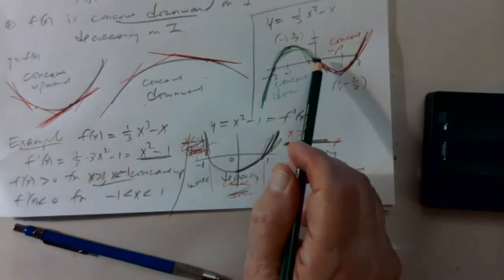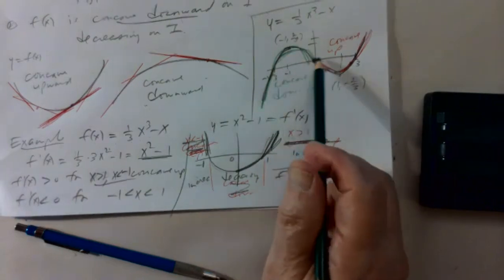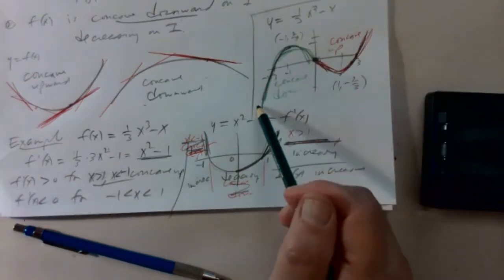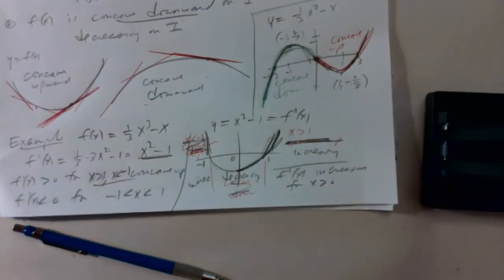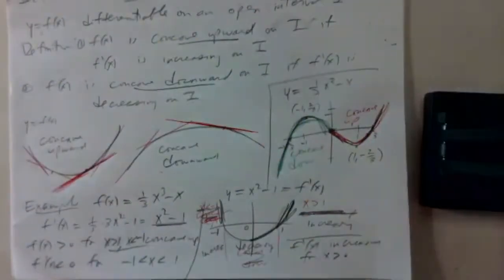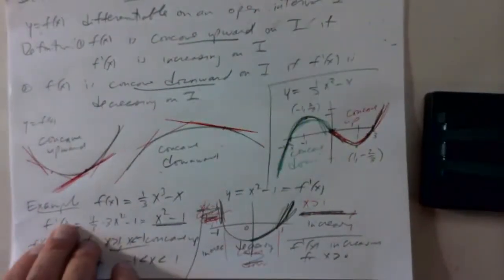And a point where the concavity changes is called an inflection point. So this curve has an inflection point at 0. Concave down, inflection point, concave up. And that is the typical and very beautiful behavior of a cubic curve, a polynomial of degree 3.